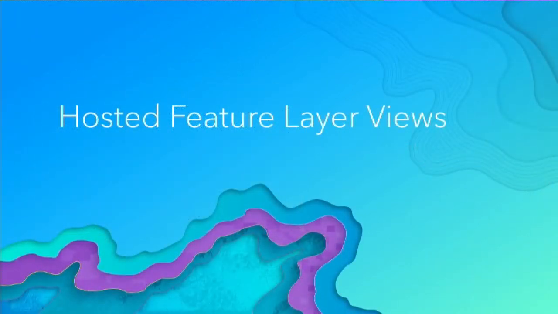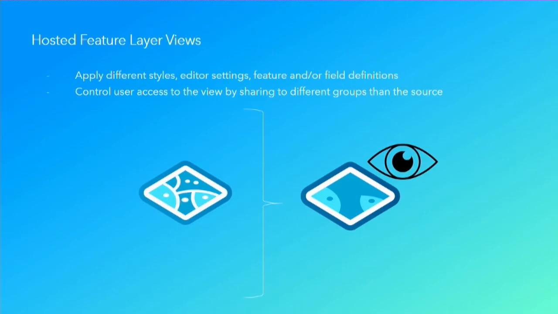And next I wanted to take a look at hosted feature layer views. This is a feature that has been available in ArcGIS Online for a little bit of time, and now it is introduced at 10.6 in the portal. So essentially, hosted feature layer views allow you to take a lot of source data and then sub-select different attributes and provide a view which will create a new hosted feature layer which will represent that source data.